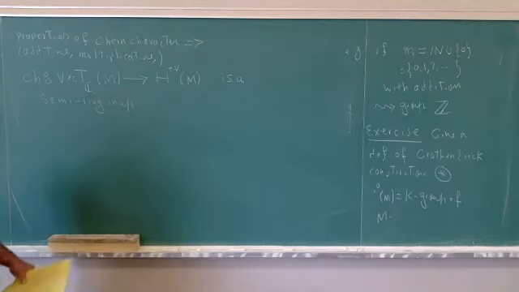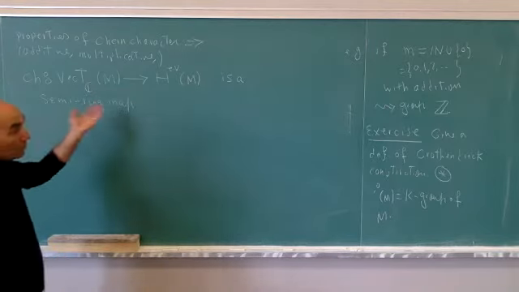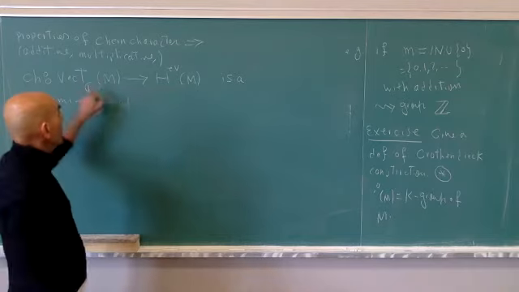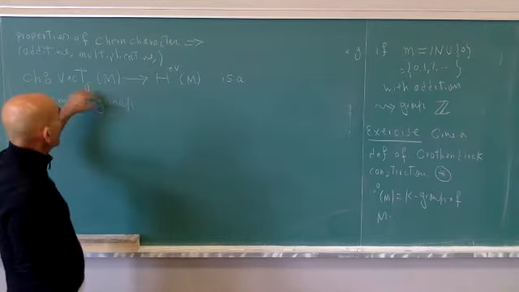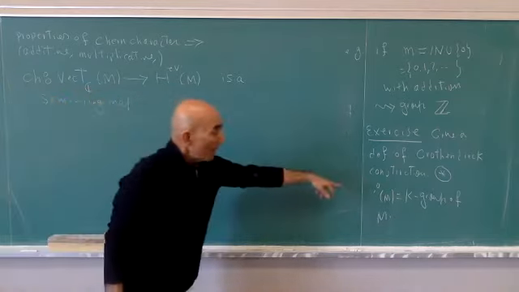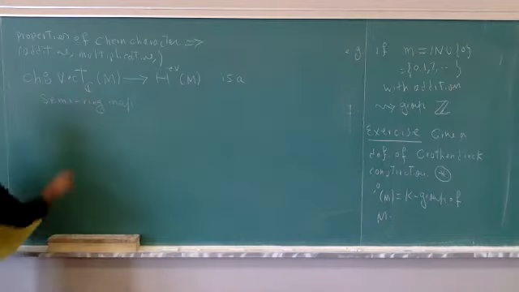Okay, so it's just a semi-ring map because addition goes to addition, multiplication goes to multiplication, and by the universal property of K groups, it just gives us a map between groups.